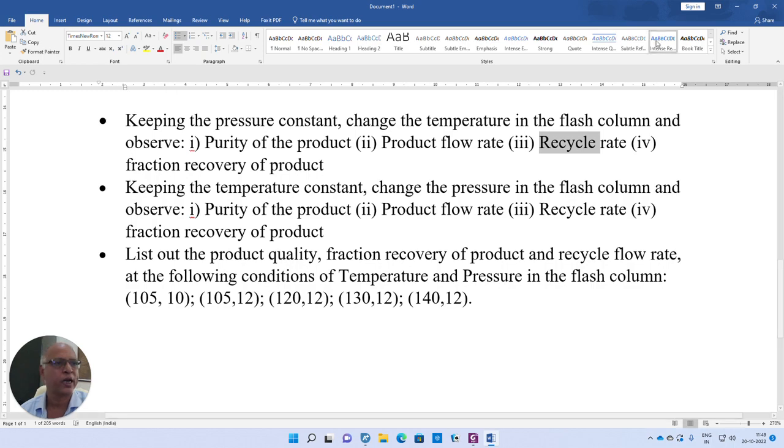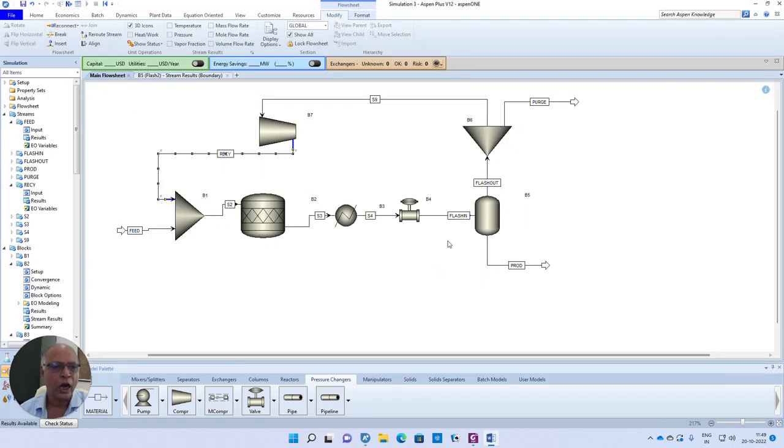What do we mean by fraction recovery of C? Out of the product that is entering the HCl column, how much fraction of that is recovered into this product. Ideally, I would like to get all the product that is coming in into this particular stream.